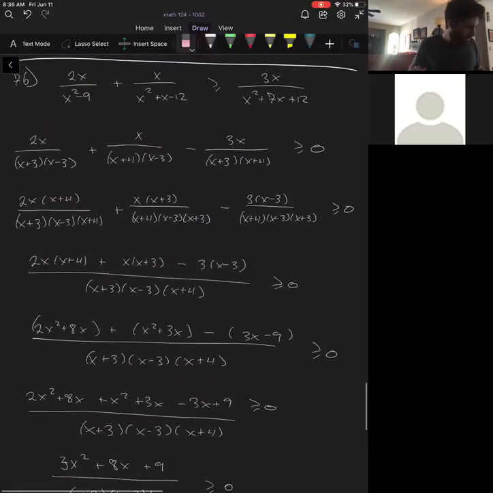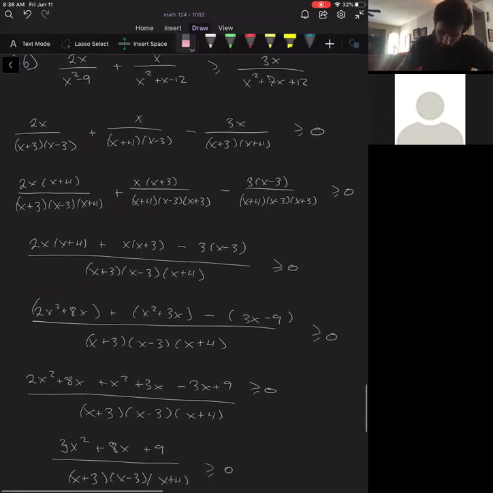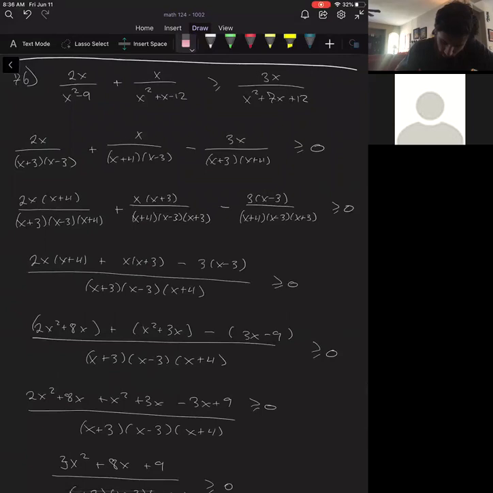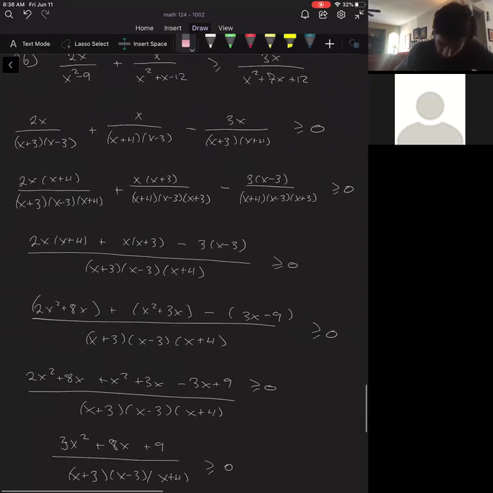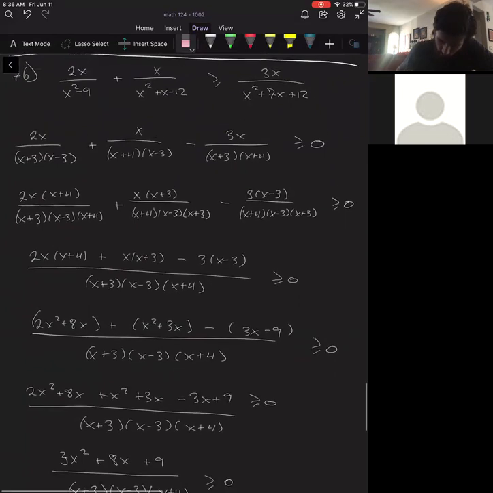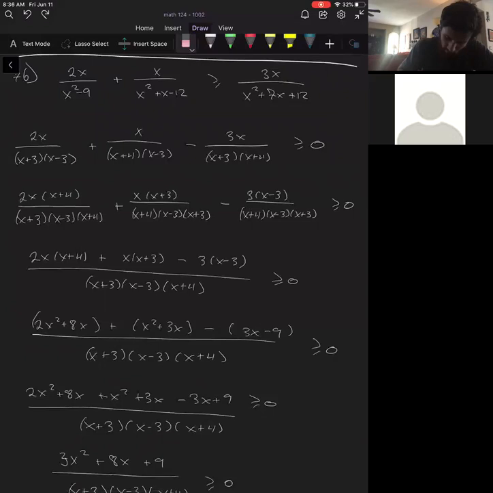We got 2x over x squared minus 9, x over x squared plus x minus 12, 3x over x squared plus 7x plus 12, okay? So copy the problem down, right? And that's x plus 3, x minus 3, and x plus 4, x minus 3, and x plus 4, x plus 3. All right. Then x plus 4 over x plus 4, x plus 3 over x plus 3. So that line I believe is okay.